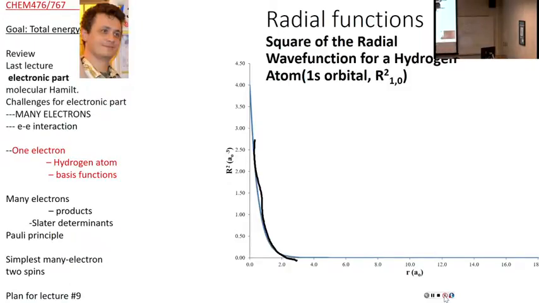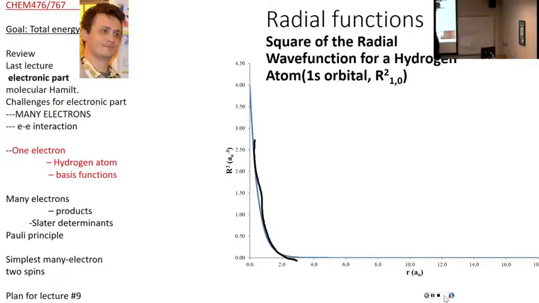Okay, where are we? So wave functions, psi n, l, m, and we skip spin for now, are a product of a radial part and a spherical part. We already discussed the spherical part, and now quickly focus on the radial part.